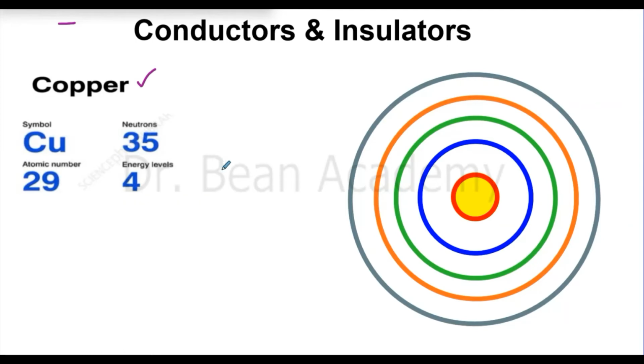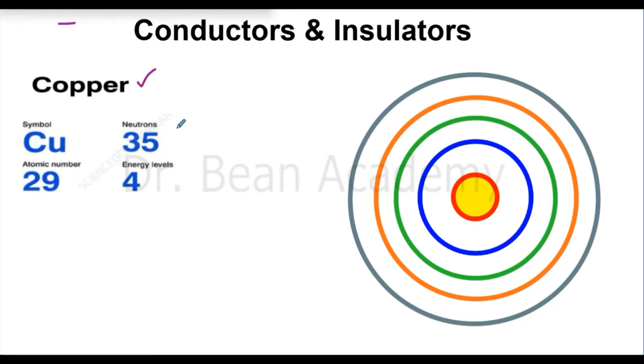So let's see why it is a good conductor, and then we will see in the solid phase when there are many atoms how they interact with each other, because for now we are only looking at the picture of a single atom and not the effect of other atoms present nearby.